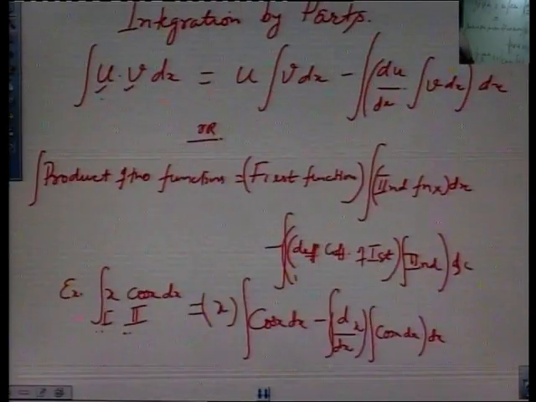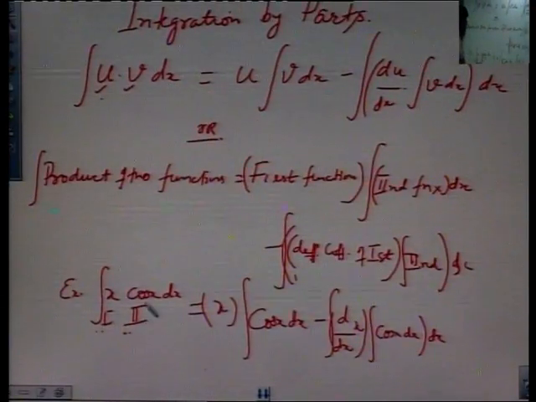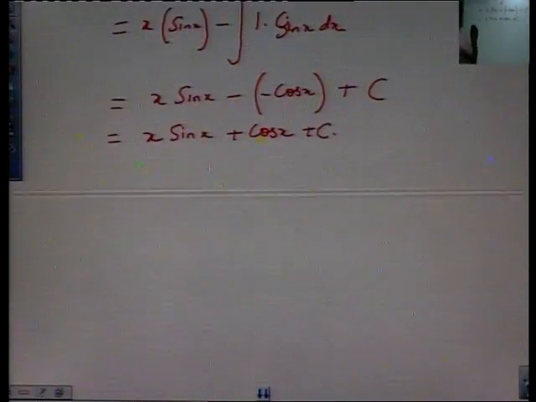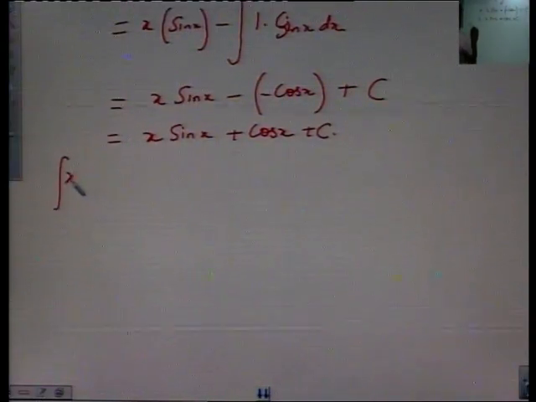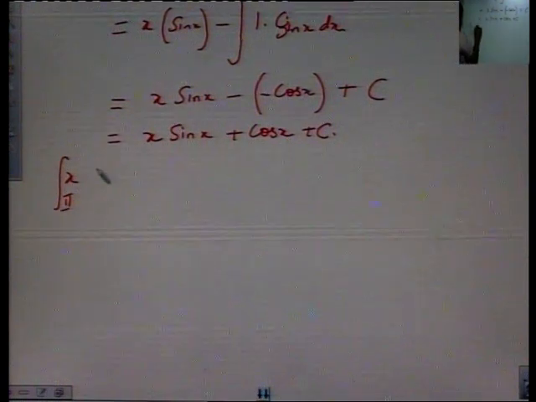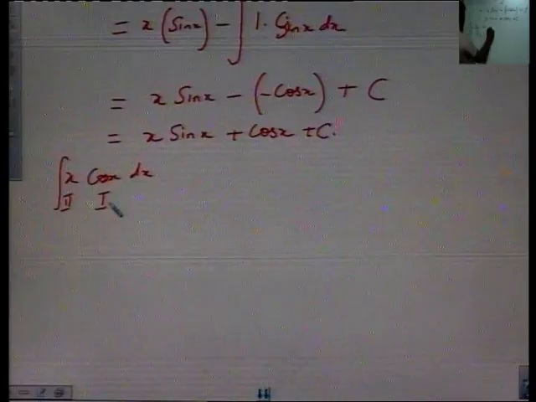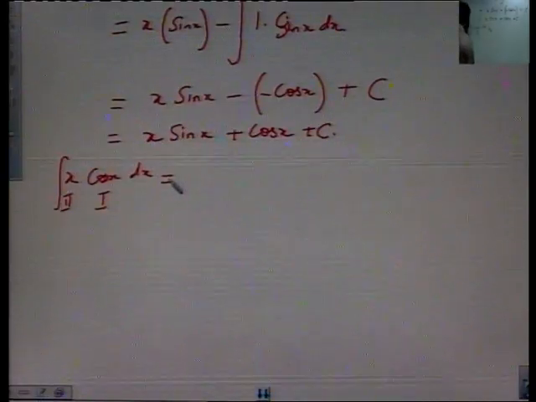For example, in this question x cos x, first of all I have taken x as my first function and cos x as my second function. If we take it vice versa, that if I take x as my second function and cos x as my first function, then look what it becomes.